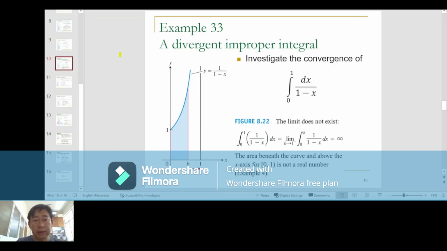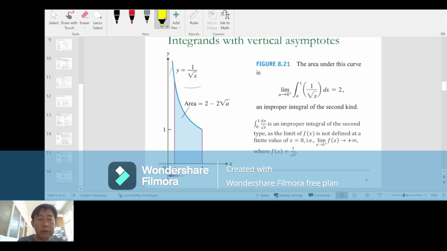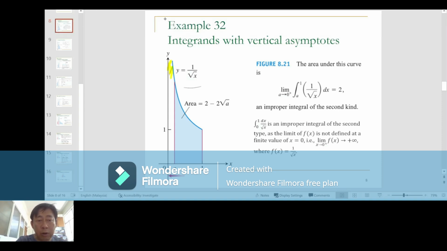As a comparison, we have seen in example 32, where we were considering an improper integration to obtain the area of the function 1 over square root of x bounded between 0 and 1. In this improper integration, the function also tends towards infinity when x tends towards the vertical asymptote from the right, at x equals 0.